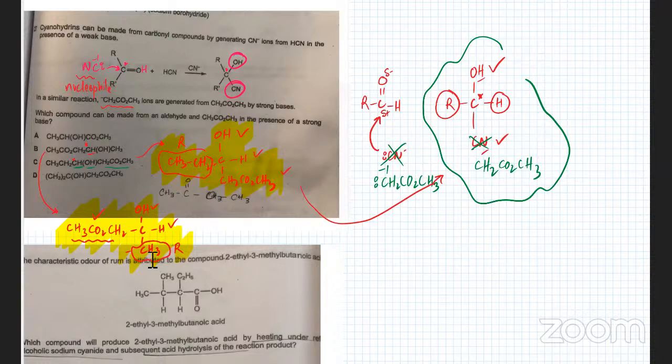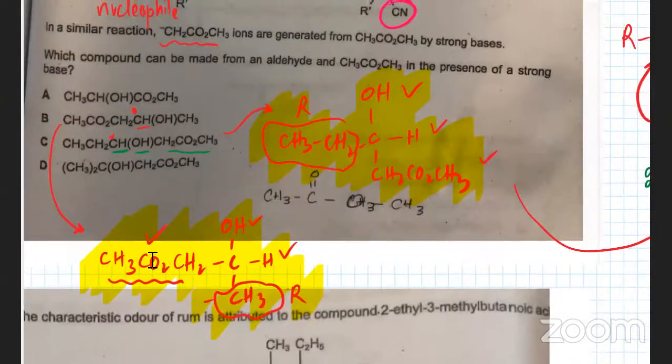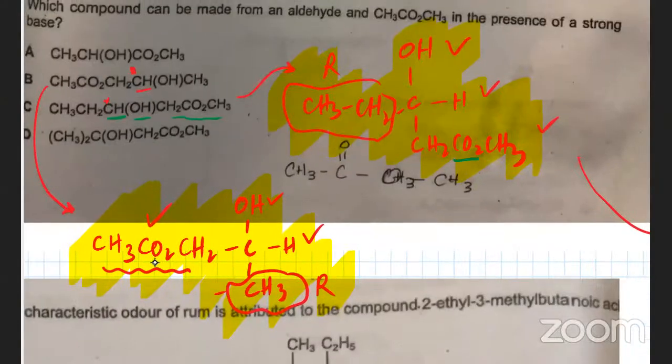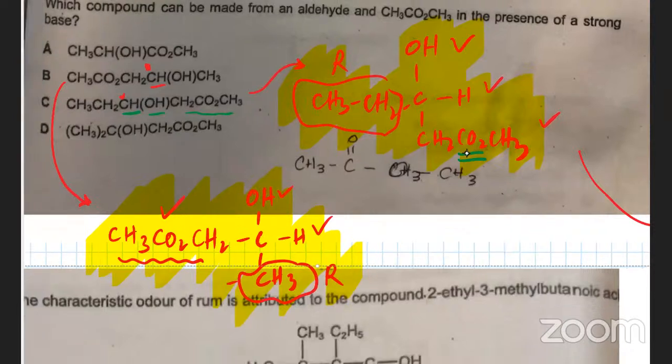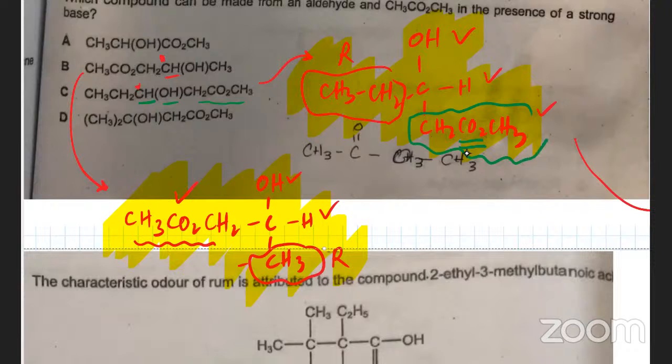Okay, the very small tiny difference is in this CO2 that's in the middle. And that's why this is a very stupid question, because the difference is so minor that it's very hard to actually spot. So look at this chain and look at this chain.